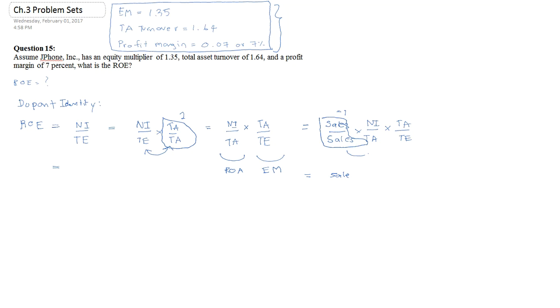If I swap this and this, you get sales divided by total asset, multiplied with net income divided by sales, and multiplied with total asset divided by total equity.